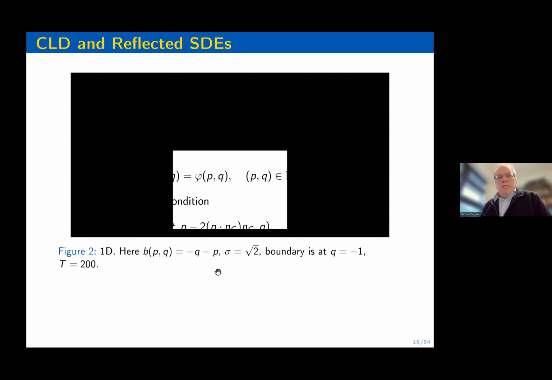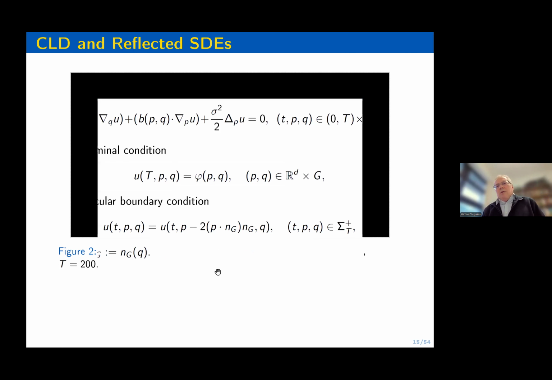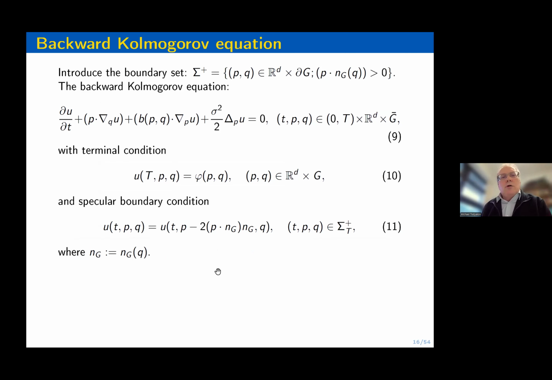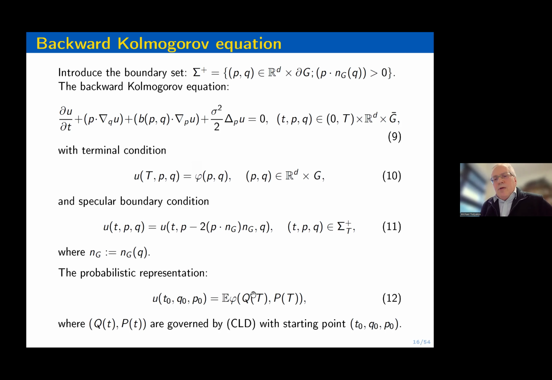We can write down the backward Kolmogorov equation in the usual way. And since we are working with SDEs in a bounded domain, we have to prescribe a boundary condition. On this occasion, this is the specular boundary condition, which obviously resembles what happens when trajectories hit the boundary. And we link this in the usual way via the Feynman-Kac formula, where Q and P solve our CLD.